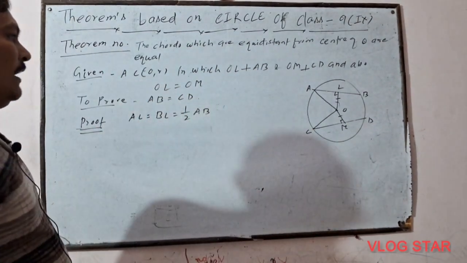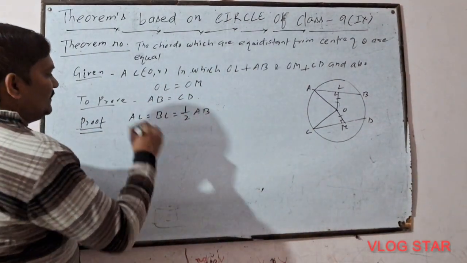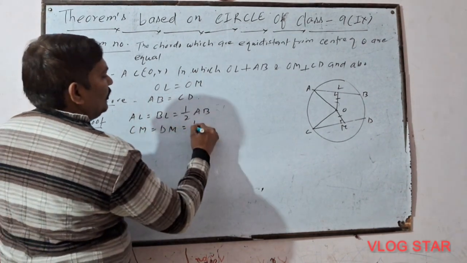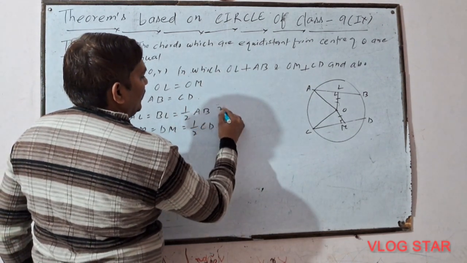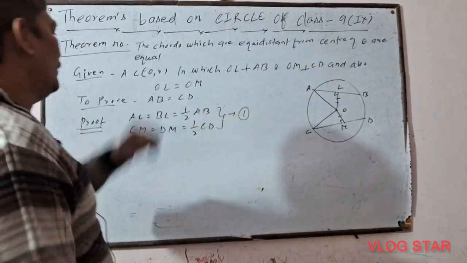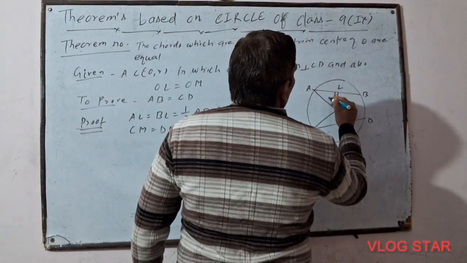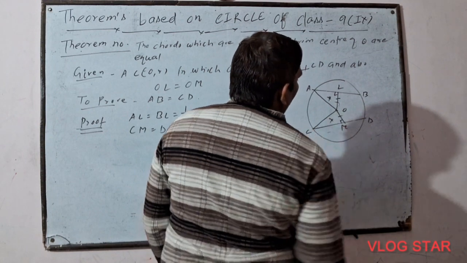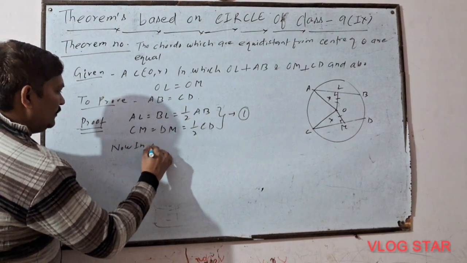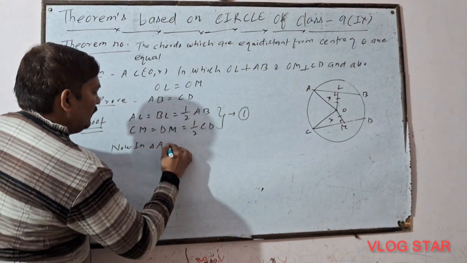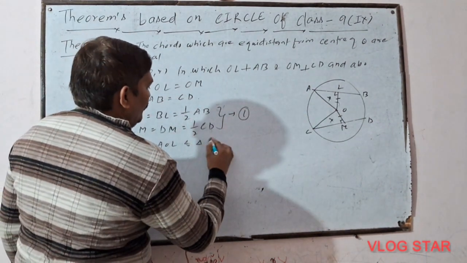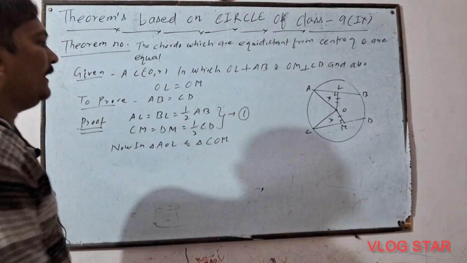After that you see CM equals DM equals half of CD. We will take this as equation number 1. Okay. Now we will take congruency in triangle AOL and COM. Now in triangle AOL and triangle COM, very easy.